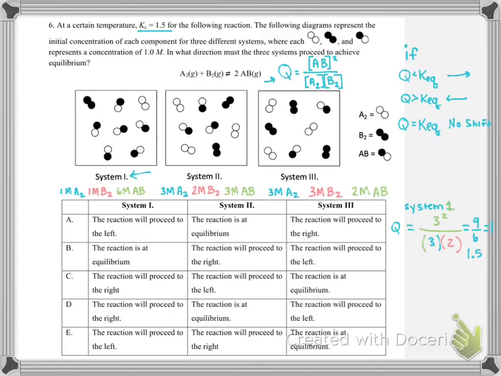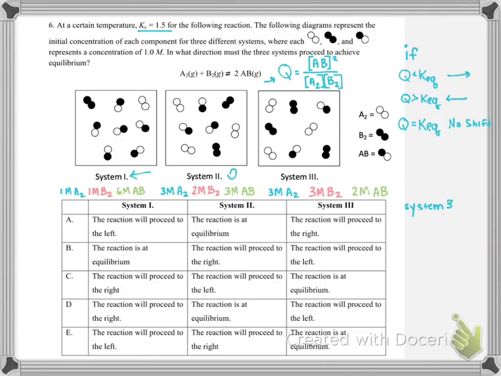Okay, so in this case our Q of 1.5 is equal to the KEQ of 1.5. So this system is at equilibrium, and so there will be no shift. Just put a little circle there.